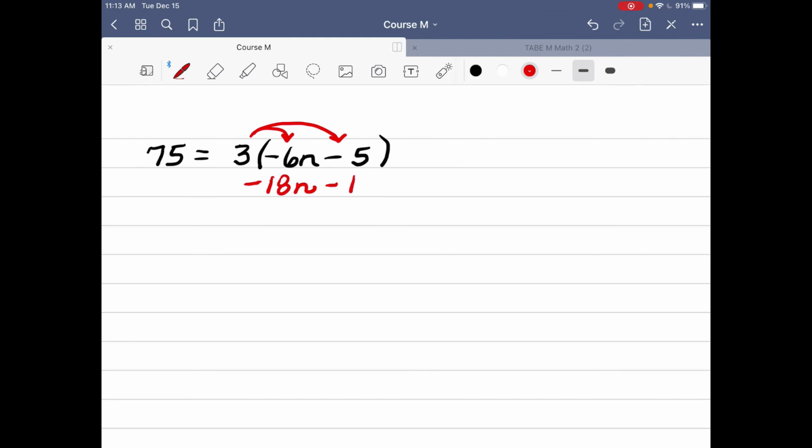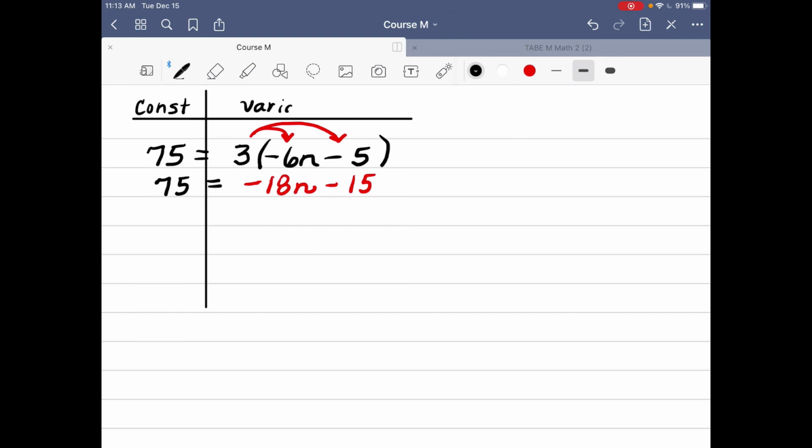And 3 times -5 is -15. And then copy your 75. Go ahead and draw power T. Constants are on the left. Variables are on the right. And ask yourself what needs to move.